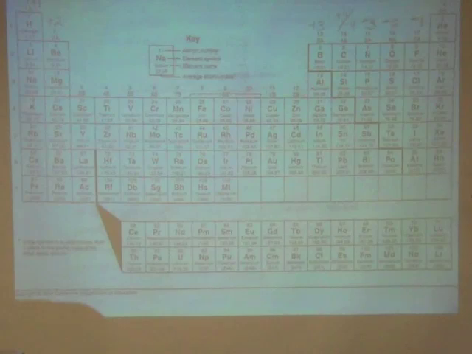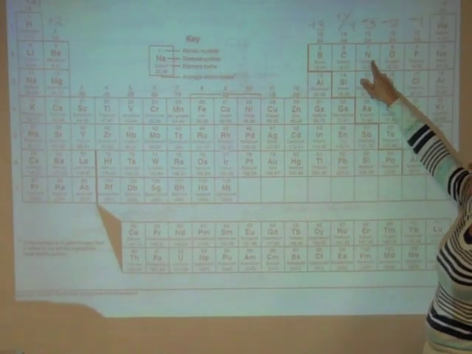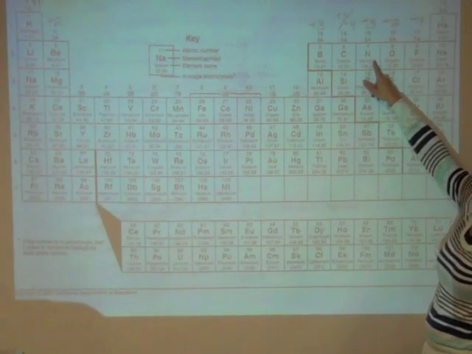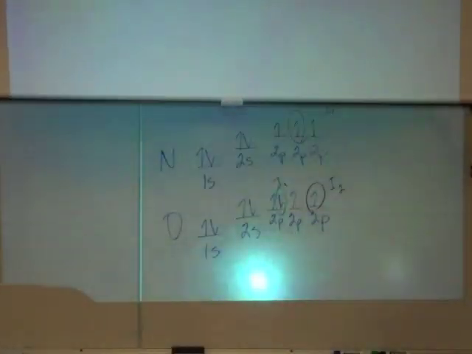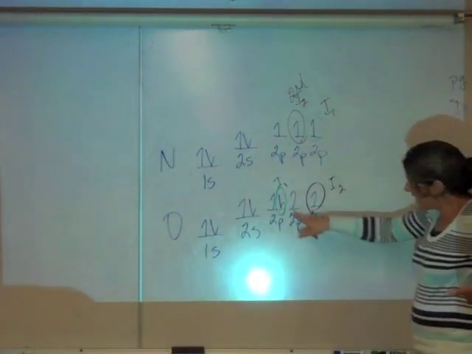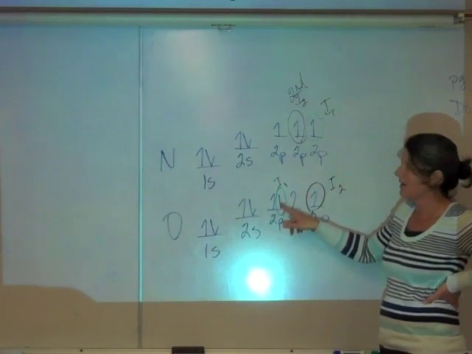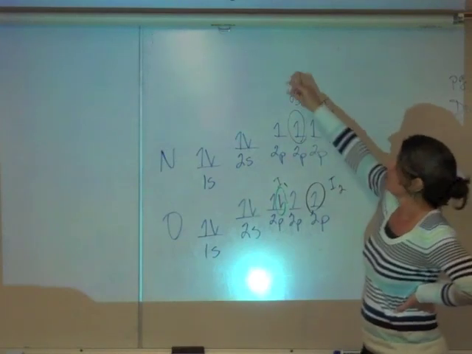Okay, now there's one little discrepancy here, and that is for oxygen, this is actually slightly lower ionization than nitrogen, believe it or not, because it's easier to remove this paired electron than it is to remove this one. Okay, that's strange.